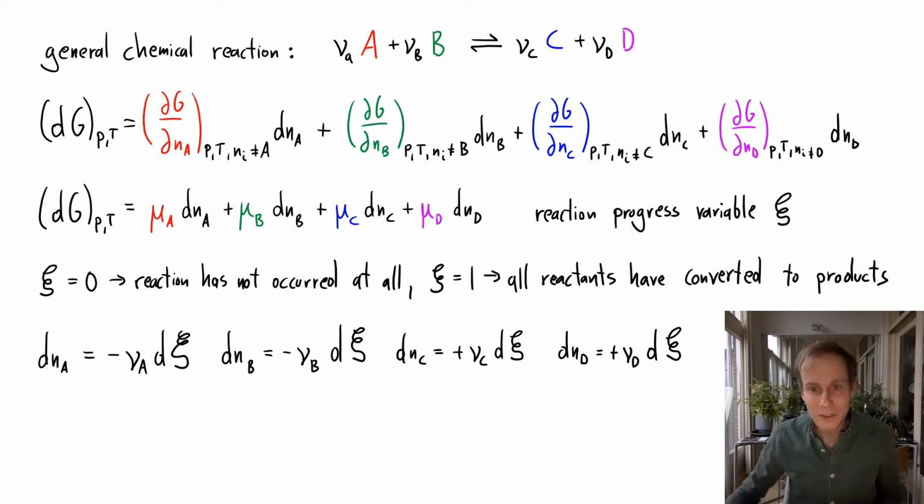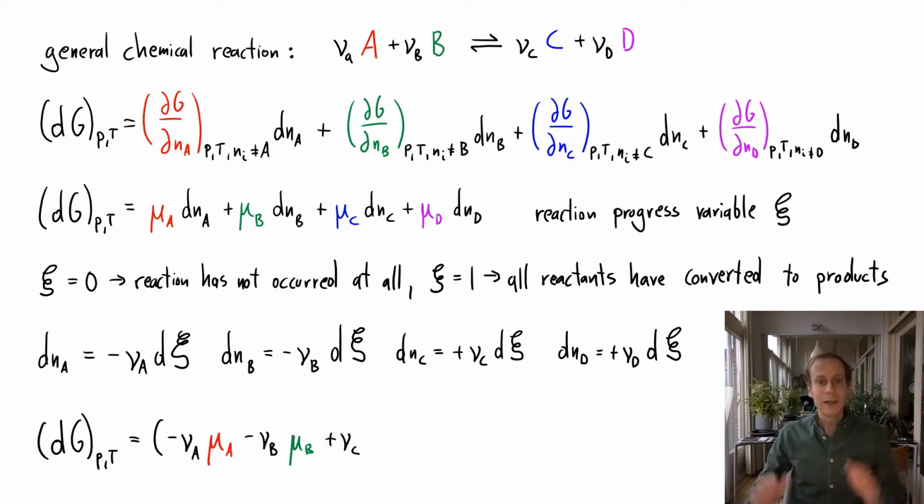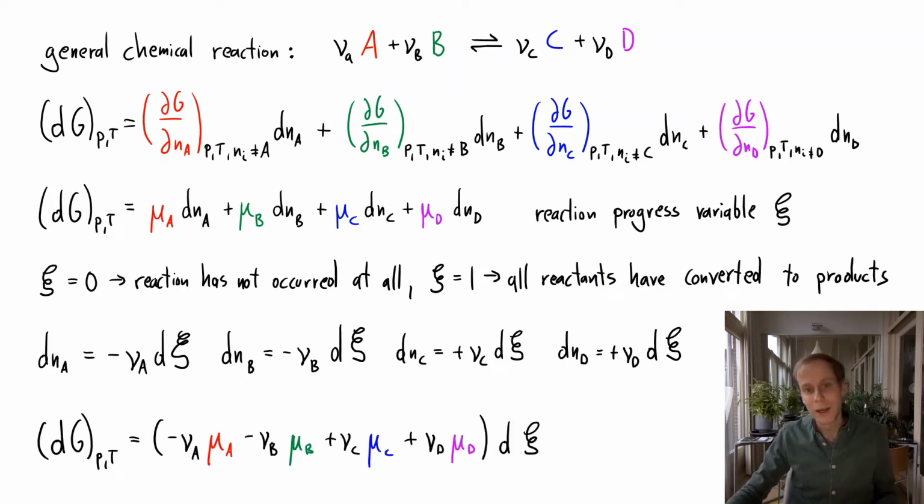Okay, now with this definition, let me express this change of the free energy here with the squiggle parameter, or the change of the squiggle parameter, which I do here. Again, the change of the free energy at constant pressure and temperature is now, I put all the chemical potentials of the corresponding reactants and products, as well as their stoichiometric coefficients, into this parenthesis here and multiply it with the change of the squiggle parameter.